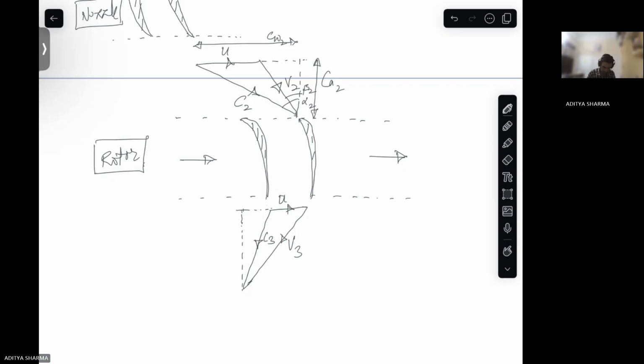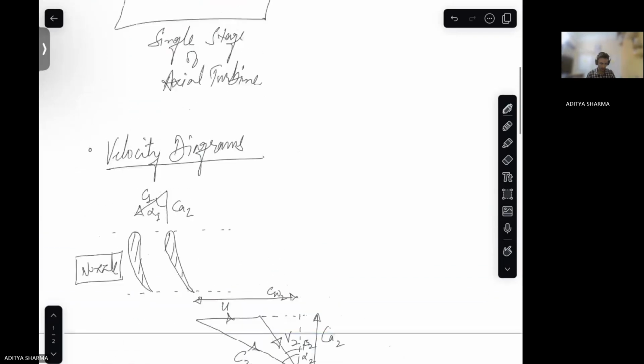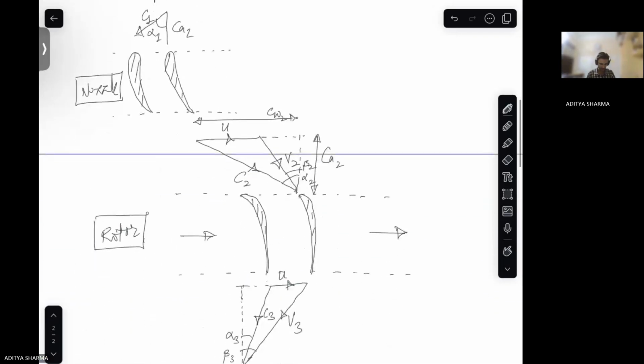With your absolute velocity, you have your fluid angle. Okay. Then, this is your velocity diagrams for your axial flow turbine, right?